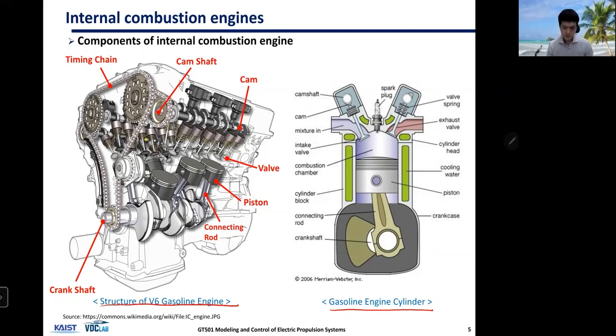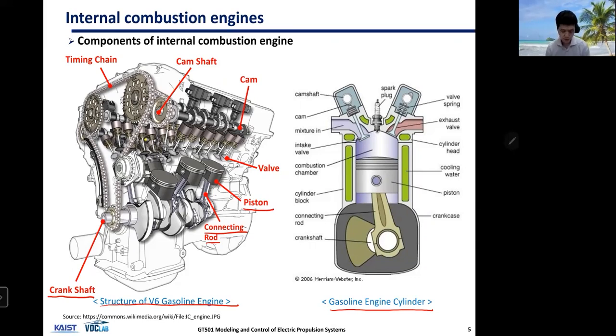Just to name a few, the engine consists of the piston, and then the connecting rod that connects the piston and the crankshaft. The crankshaft is the actual rotating output of the engine.